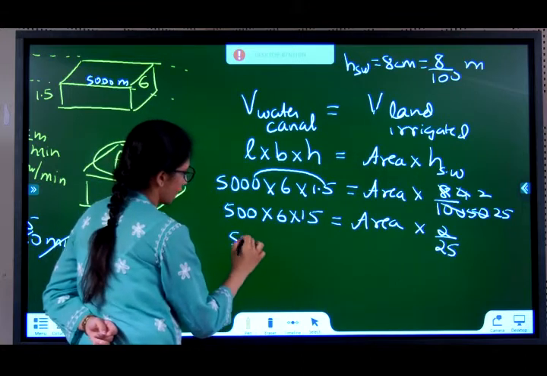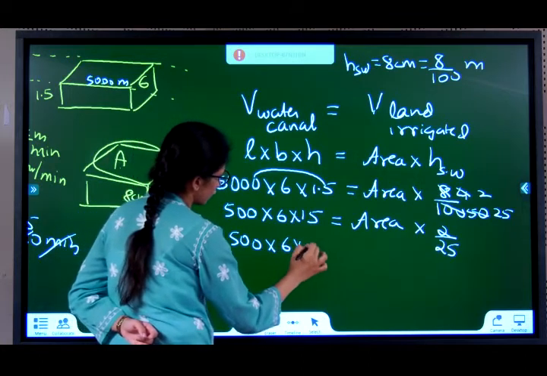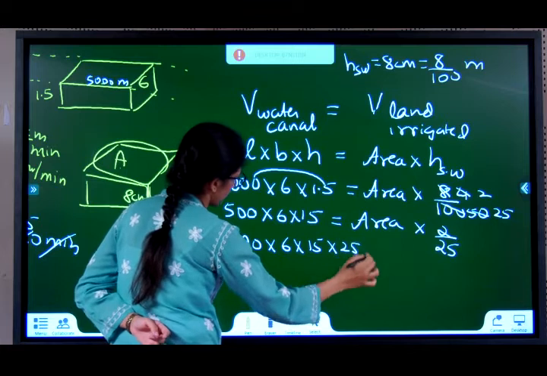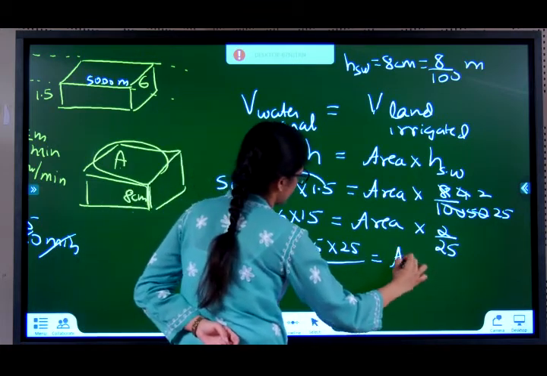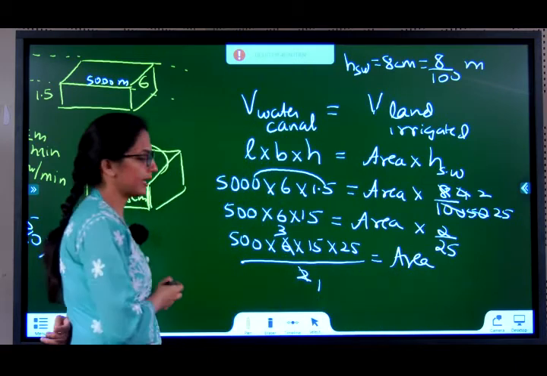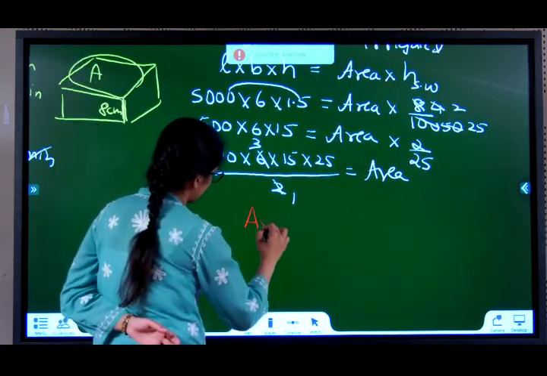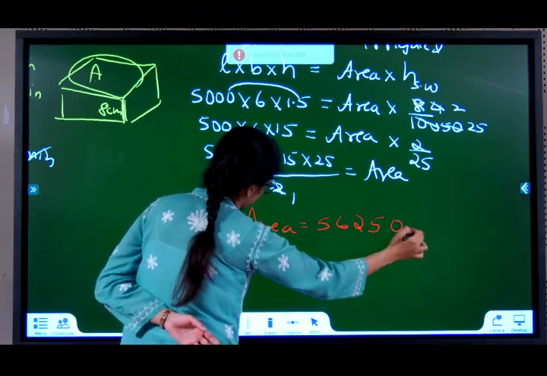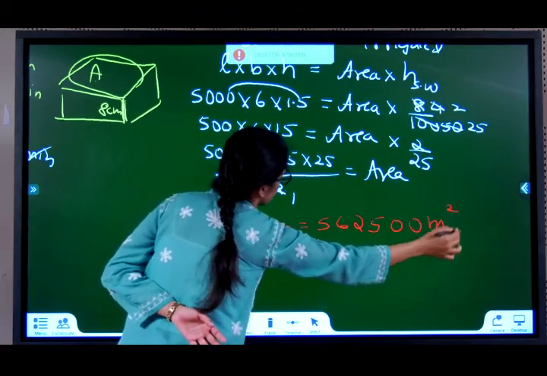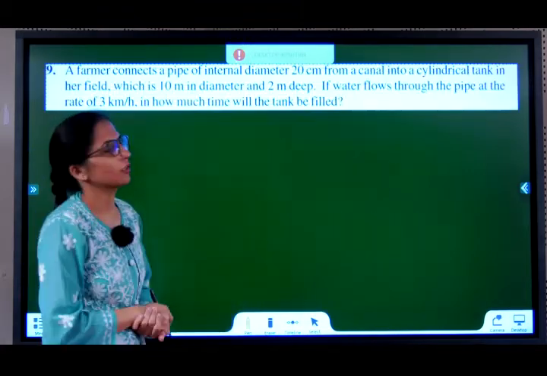Shift it. 500 into 6 into 15 into 25 by 2 is equal to area. On multiplying we get the area as 562500 meter square.